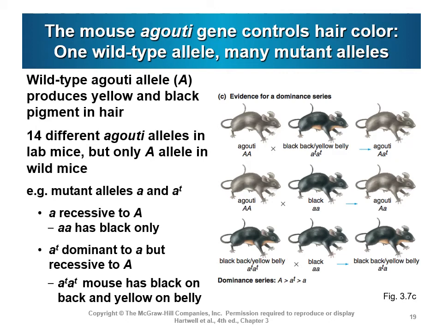Mutant alleles little a and little a^t. Little a is recessive to big A. Little a has black only. Little a^t is dominant to little a but recessive to big A. Little a^t mouse has black on the back and yellow on the belly, as you can see in this picture.